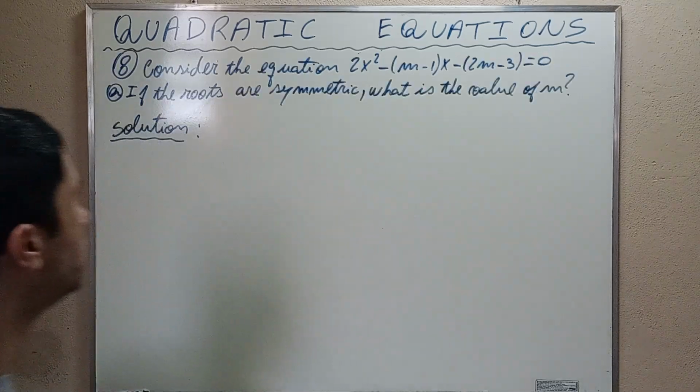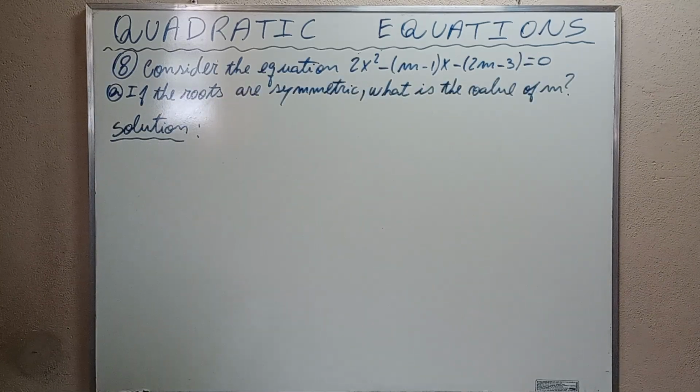Exercise number 8 now. Consider the equation 2x squared minus m minus 1 times x minus 2m minus 3 equal to 0. Letter A, if the roots are symmetric, what is the value of m? Okay, my friends, this is the exercise. Let's go to the solution.